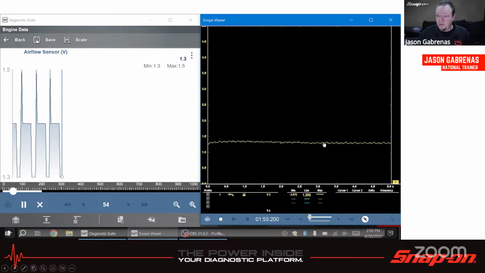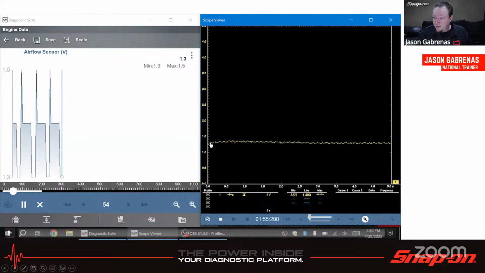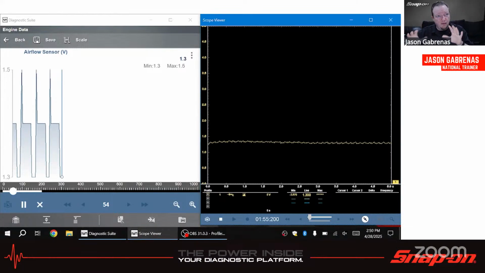Now, this is just a very short period of time over here on the scope. But if you were just looking at the scanner side of things, you would be seeing like a huge spike right there, right? And that's just because of the auto ranging. It's only going 0.2 of a volt. And on this screen, we'd go from here to here, right? Not a huge jump right there. So you also need to understand what you're looking at and what you're reading, especially with auto scaling on scan tools nowadays, right?